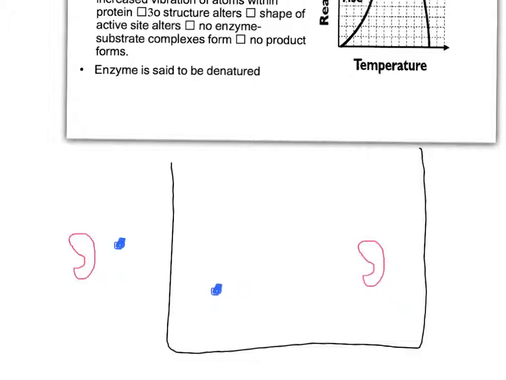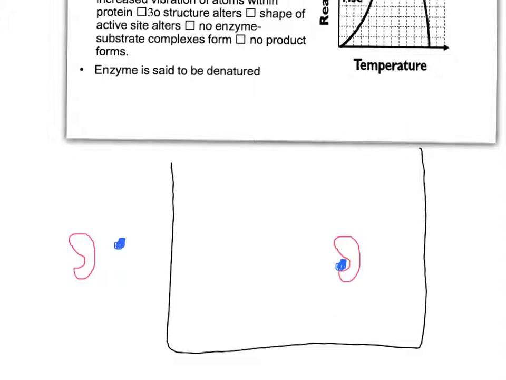Okay, I then heat the reaction up, and both the enzyme and the substrate will start to move around more, okay, and therefore there's more chance of that collision occurring, okay, and therefore enzyme substrate forming, and therefore product forming.